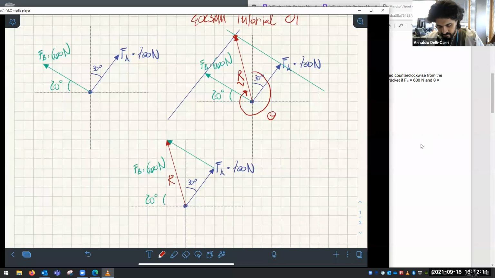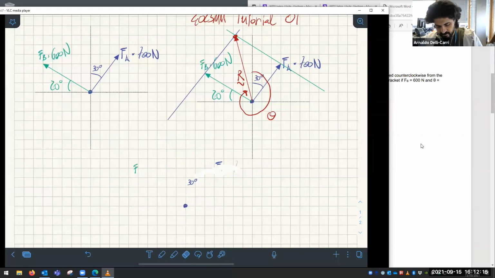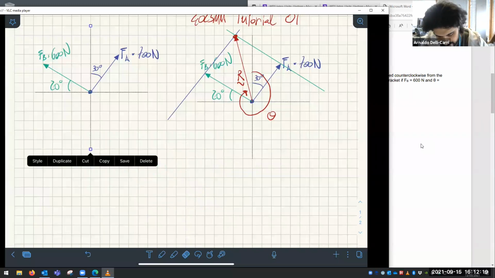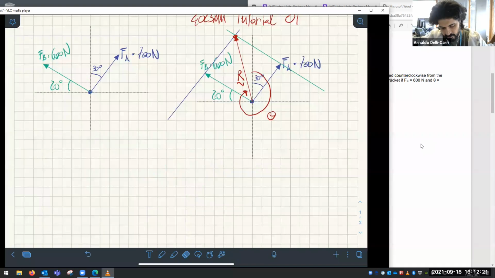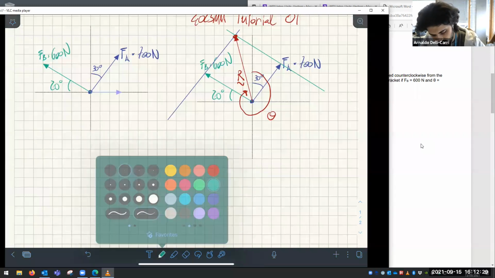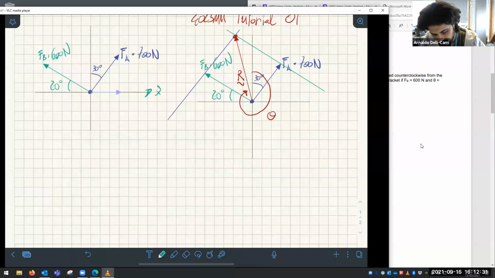So let's do this using the analytical method. Analytical method means that we have to split these forces into their components. Now, FA has got a horizontal component along the x-axis, which I have to draw. So this is the x-axis, and this is the y-axis.